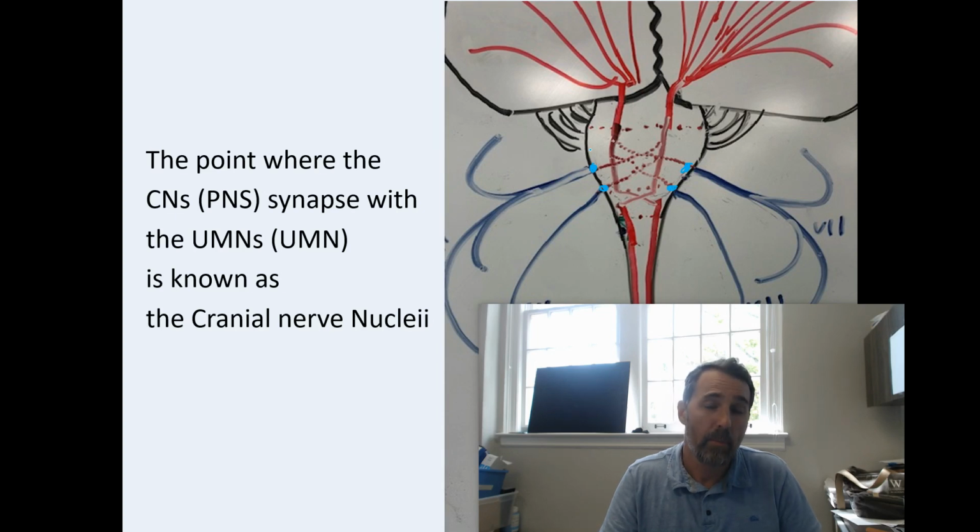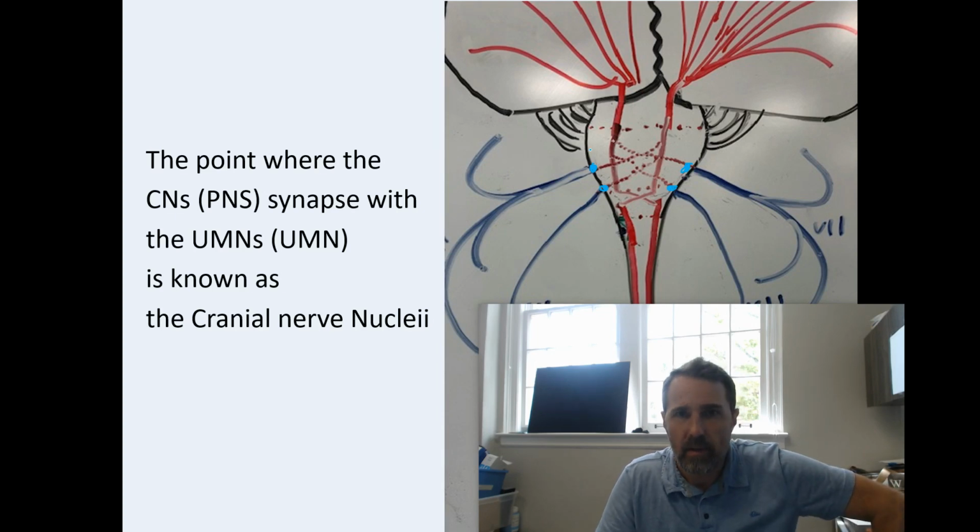So when the brainstem is damaged, if you imagine that there are 10 cranial nerve nuclei spread around in this brainstem, then you could see that it'd be hard to damage the brainstem without damaging the cranial nerve nuclei.